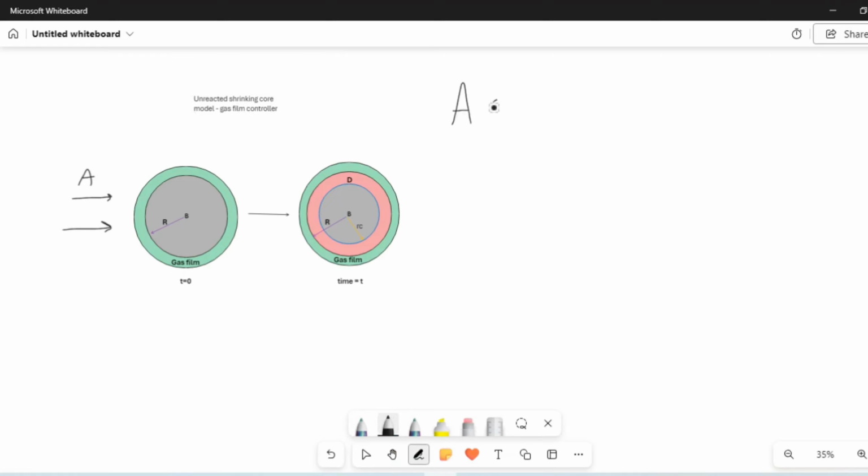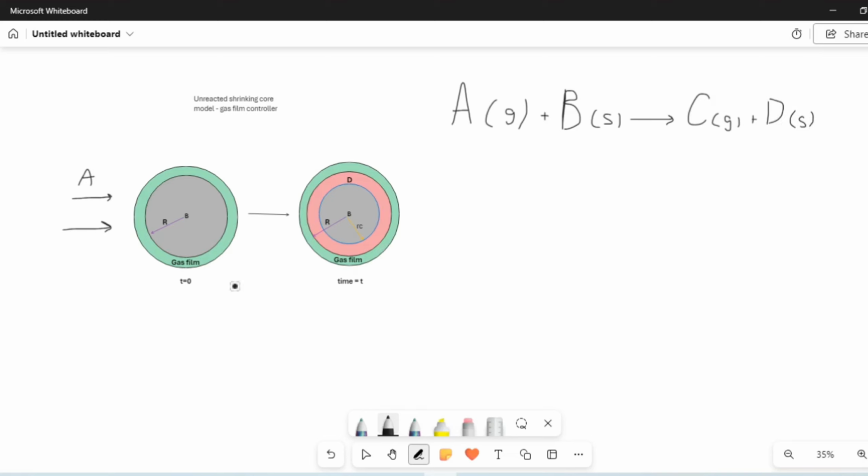We assume that we have a gas A, such as hydrogen or carbon monoxide, reacting with a solid B, like iron oxide or nickel oxide. So in this reaction, gas A reacts with the solid B to produce gas C or solid D. Here you can see a figure which explains the unreacted shrinking core model.